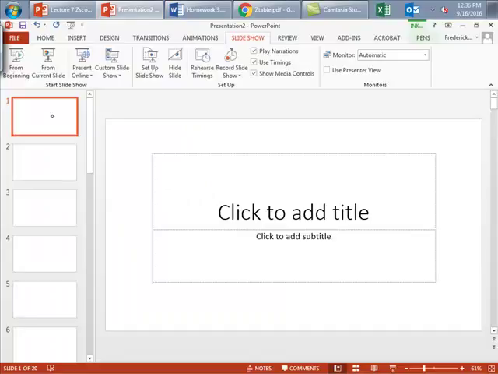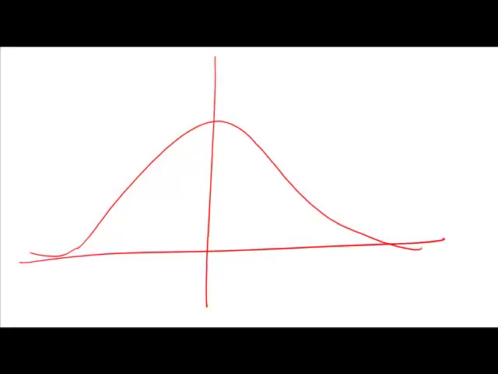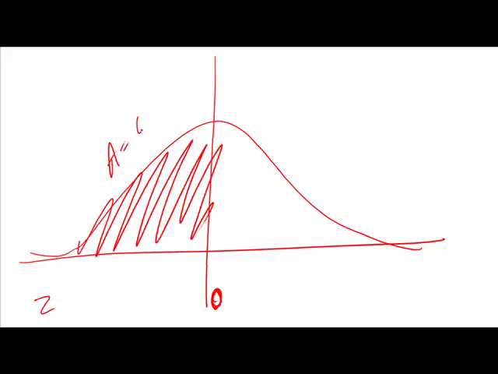We know that when we established a z-score of 0, this area under the curve means essentially we've said you're an average person.